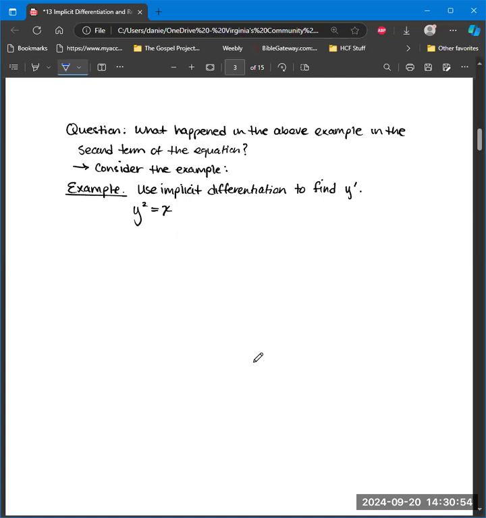So let's look more exactly at what happened with the second term.